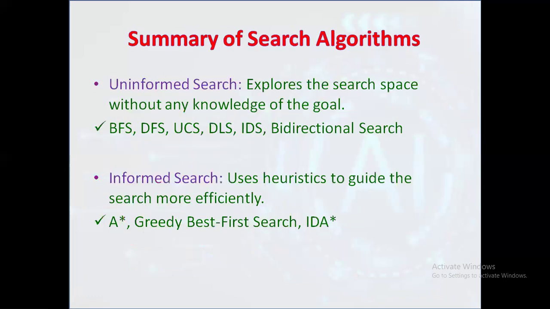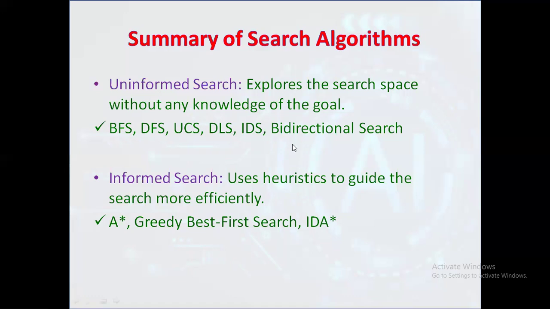Next, coming to the summary of search algorithms. In summary, search algorithms are essential for exploring problem spaces and finding solutions. Uninformed search methods such as BFS, DFS, UCS, DLS, IDS, and bidirectional search explore the search space without any additional knowledge of the goal. These methods are simple and effective, but can be inefficient for large problem spaces.